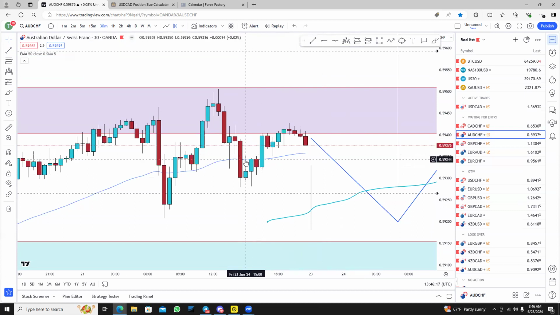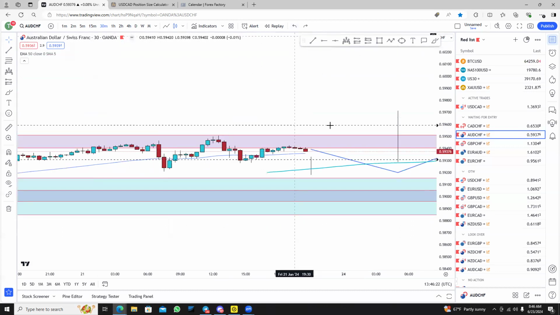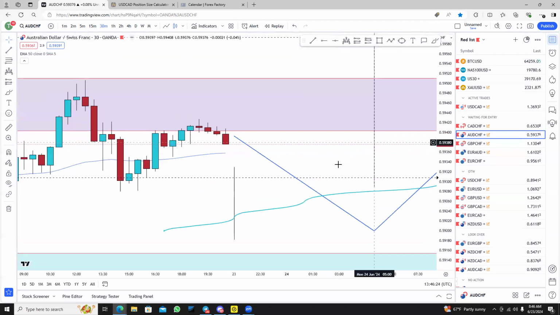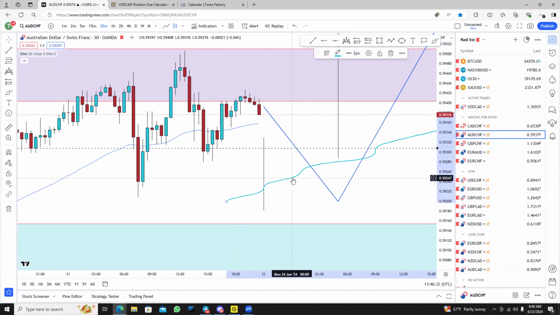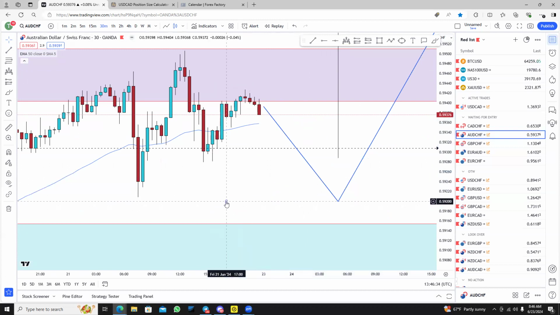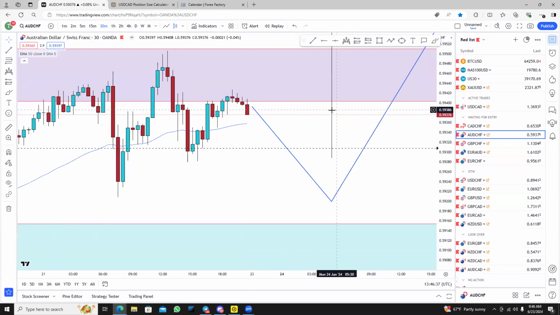Don't mind this, we're on the 30-minute now. Once it comes into that, we are looking for a shift of structure, engulfing, to take this long. So if that makes sense.